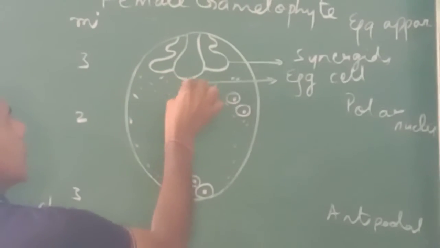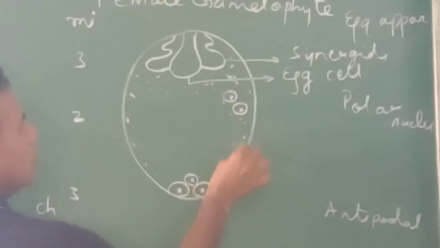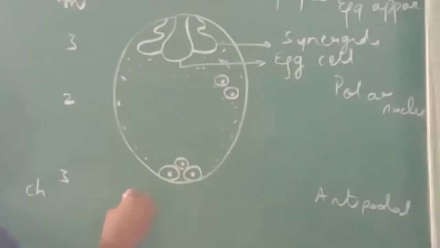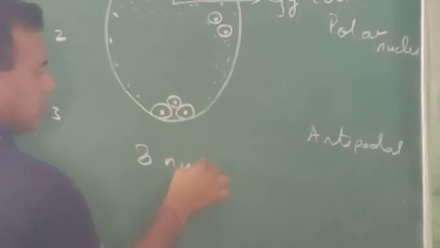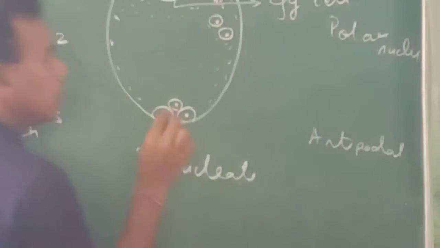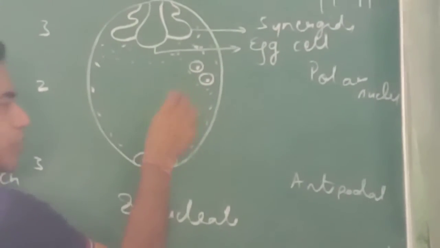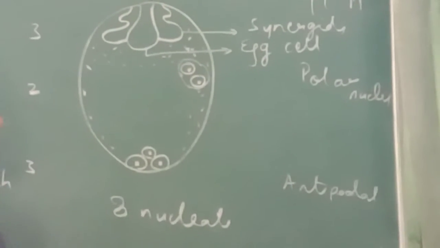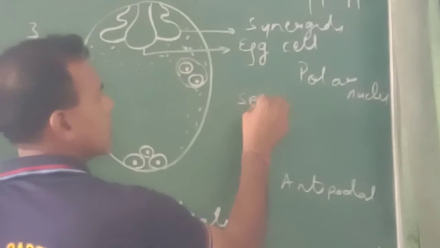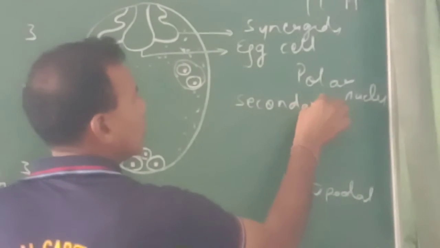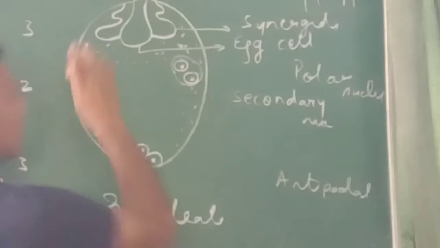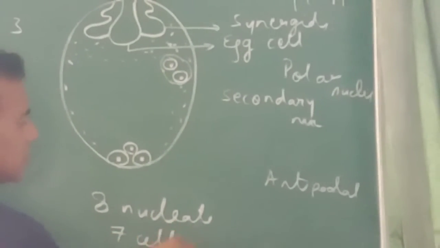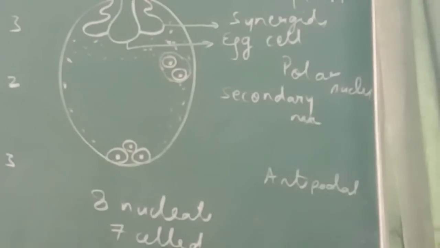This is the cytoplasm. So, in Polygonum, the mature embryo sac was 8 nucleate, and since these 2 nuclei come together, making a single cell known as the secondary nucleus, we call the mature embryo sac an 8 nucleate and 7 celled structure.